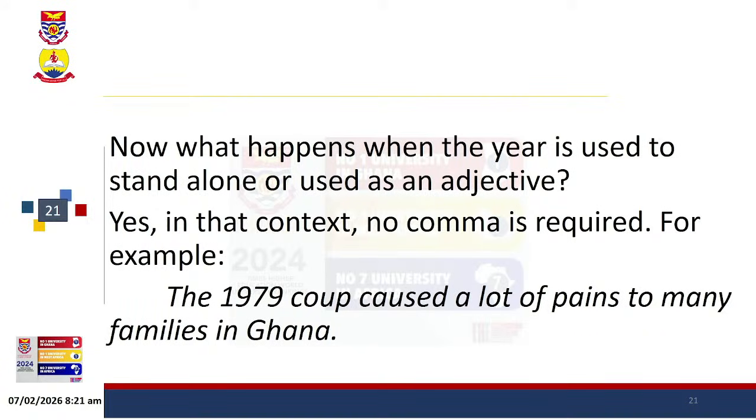So now what happens when the year is used to stand alone or used as an adjective? For instance, in 1979, the 1979 coup caused a lot of pains to many families in Ghana. In that context, no comma is required.